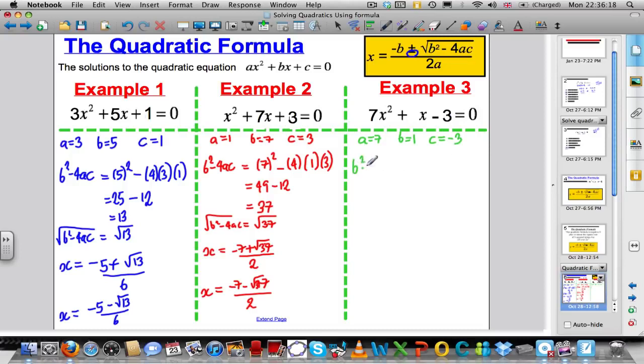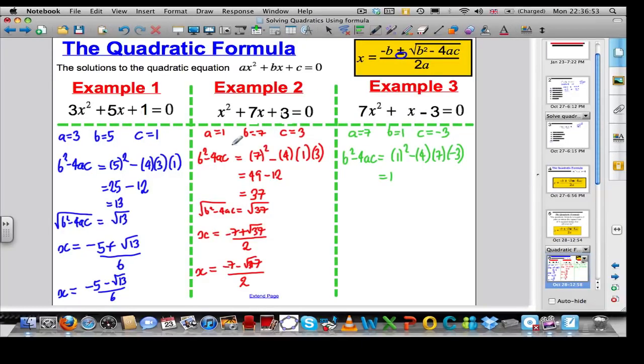Work out b squared minus 4ac, which is 1 squared minus 4 times 7 times minus 3. 1 squared is 1. 4 times 7 is 28. 28 times minus 3: 28 times 3 in general is 84, but it's a minus.